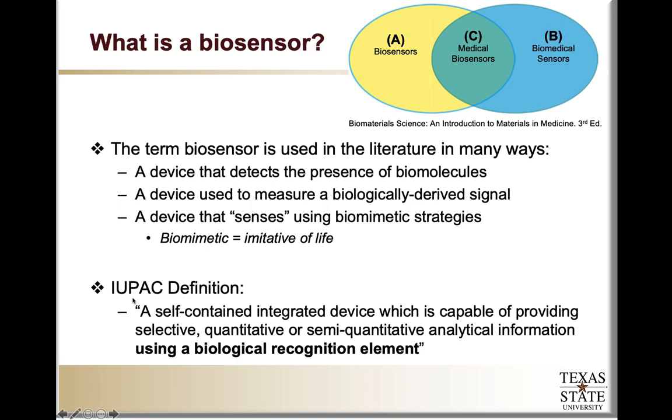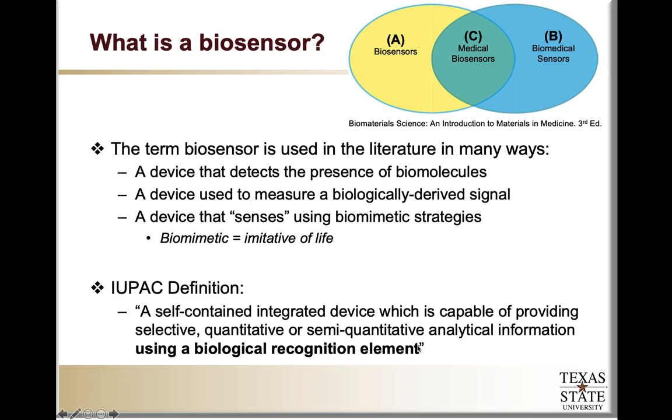Other definitions, or one by the IUPAC, is that a sensor is a self-contained integrated device that is capable of providing selective, quantitative, or semi-quantitative analytical information using a biological recognition element. And I have bolded this here because this basically agrees with what we had in the previous slide, where a biosensor is going to be defined as one that includes a biological molecule as a biorecognition element or as a sensing element.